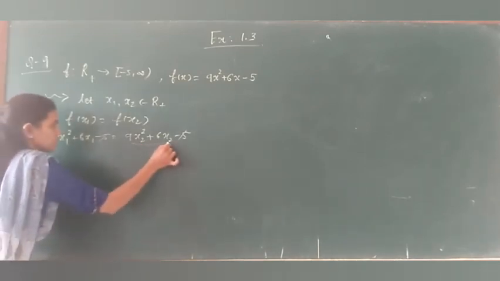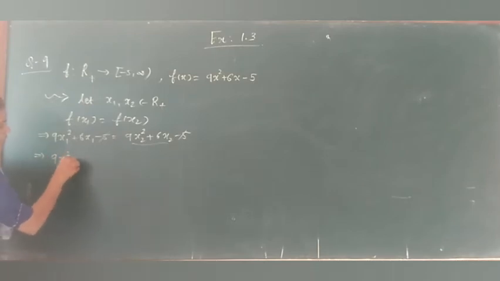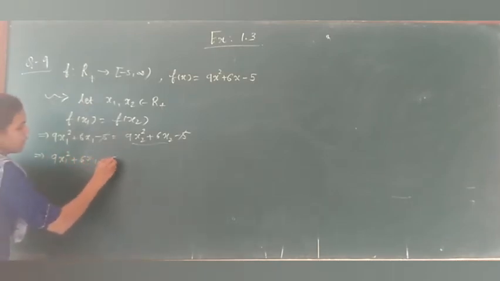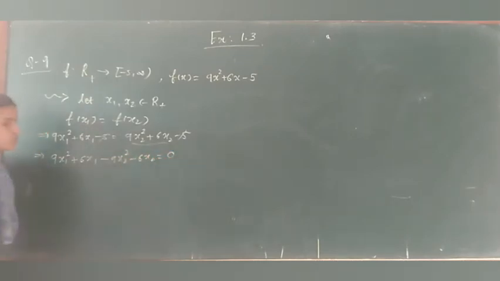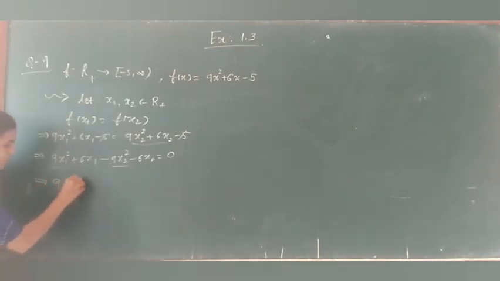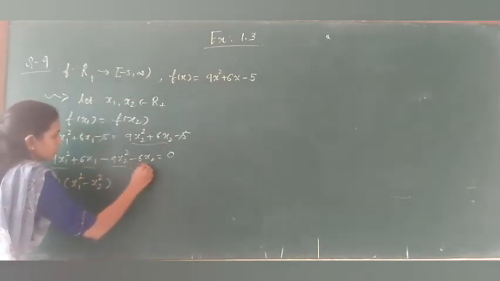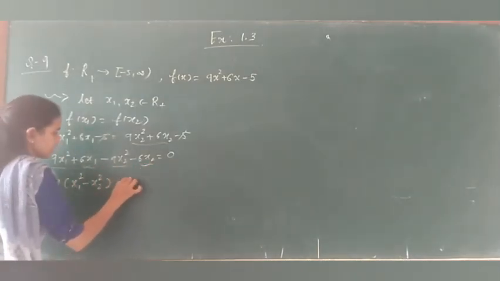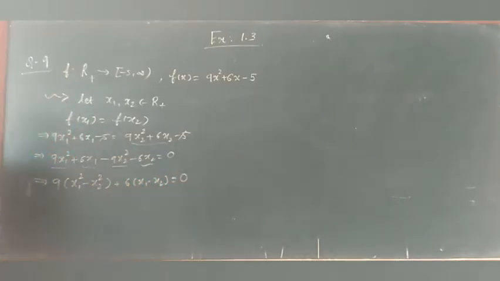Now let us transpose the whole thing to the left-hand side. So 9x1 square plus 6x1 minus 9x2 square minus 6x2 is equal to 0. From 9x1 square and 9x2 square, 9 is common. In a bracket you have x1 square minus x2 square. From 6x1 and 6x2, 6 is common, then the bracket x1 minus x2 is equal to 0.